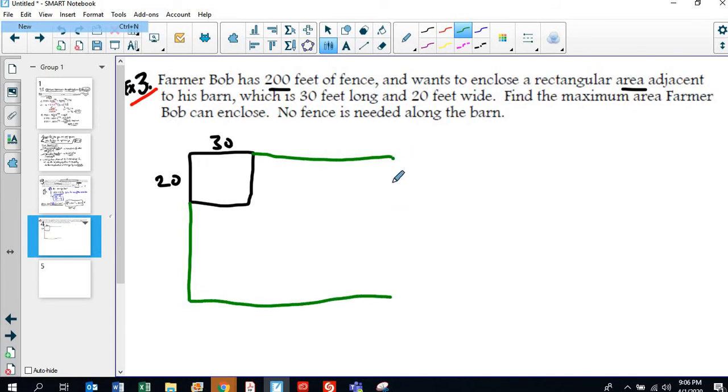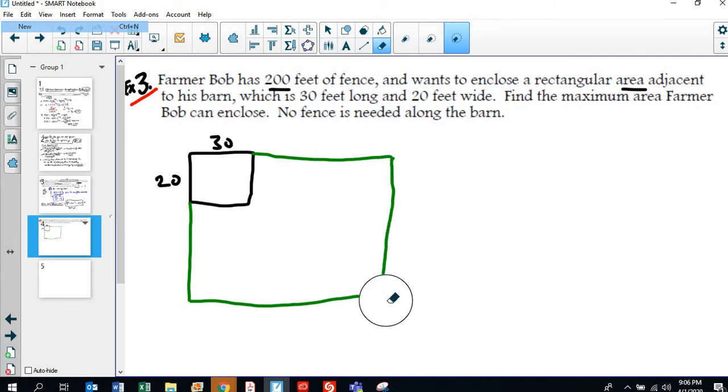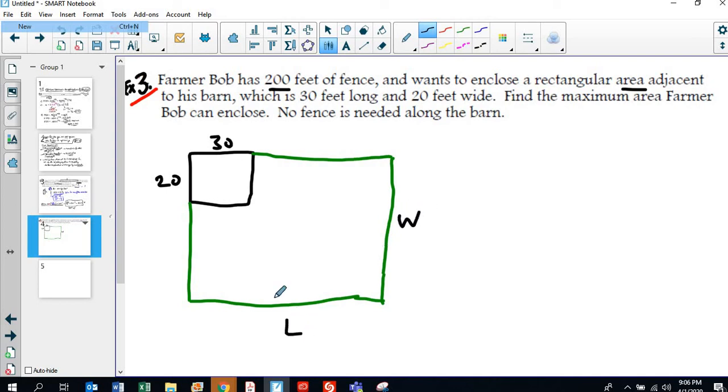Okay? So what that means is I've got stuff here that I don't know. I don't know the length and I don't know the width. That's a rectangle, so I'm going to label them using variables. This is the width of my field. This is the length of my field that I'm enclosing in this fencing.